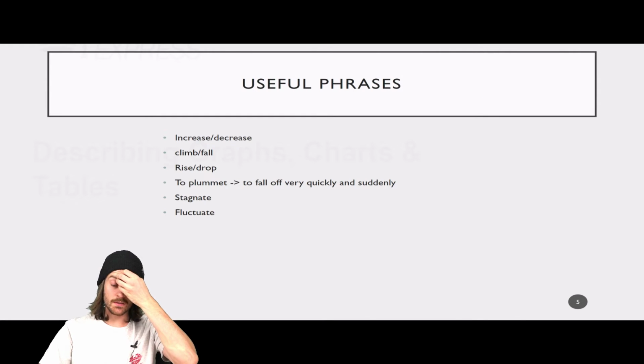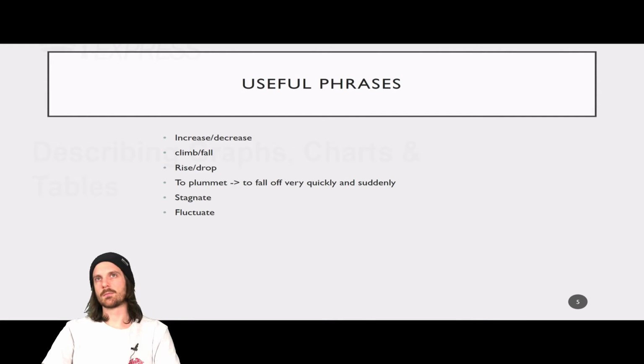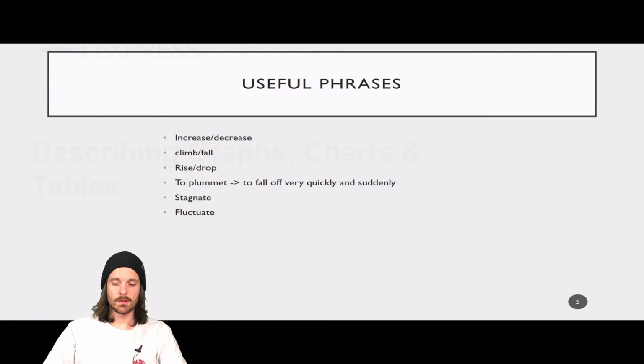So useful phrases, although the first ones might also be labeled as just words, vocabulary. So we have first to describe a graph, statistics, you should know, of course, which words you can or should use.